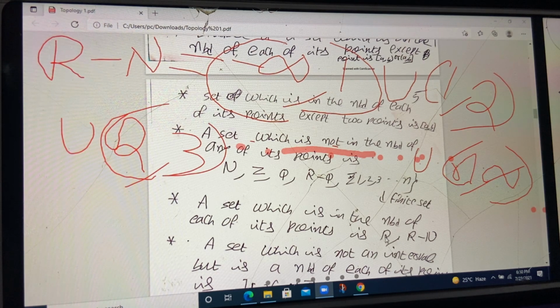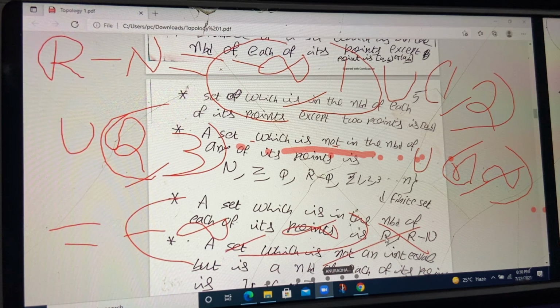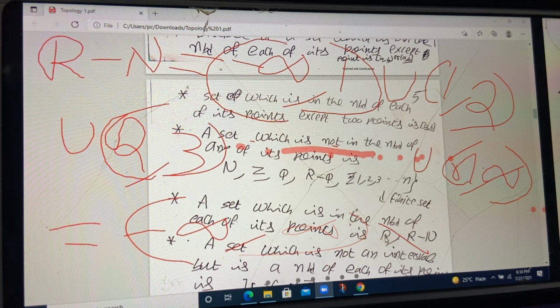So it is the union of all open intervals. You know that every point of an open interval is an interior point. We cannot write this as minus infinity to infinity. Why not? The starting point is minus infinity, but in between 1 is not included, 2 is not included; some points got excluded.